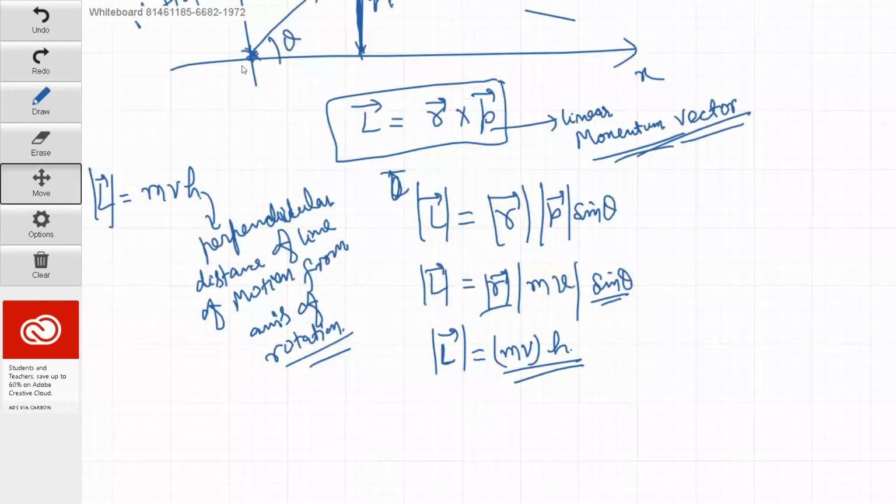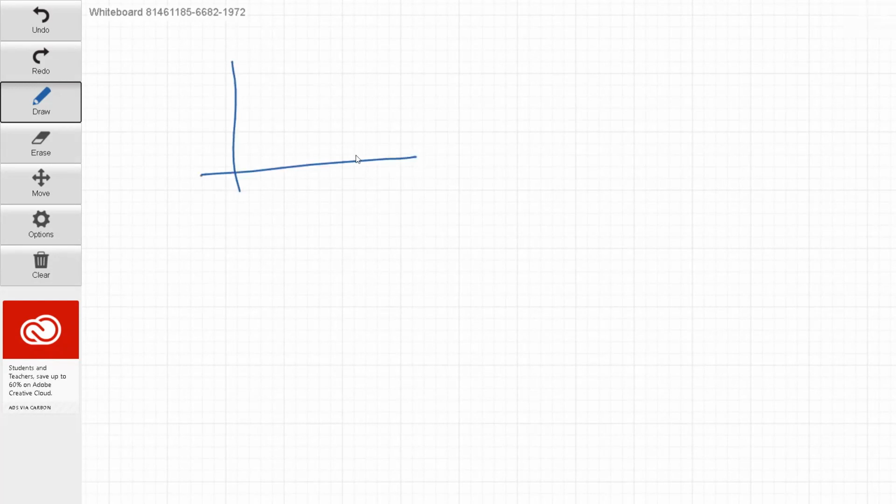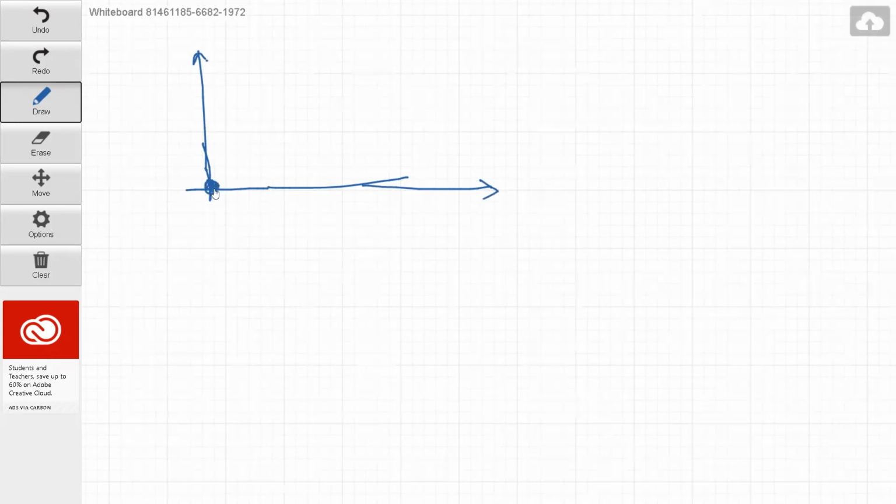So now, this is origin 0, 0. Is this all right? So this is a mass of 2 kg, which is moving with 10 meter per second.